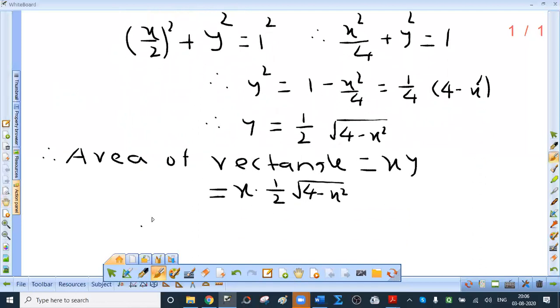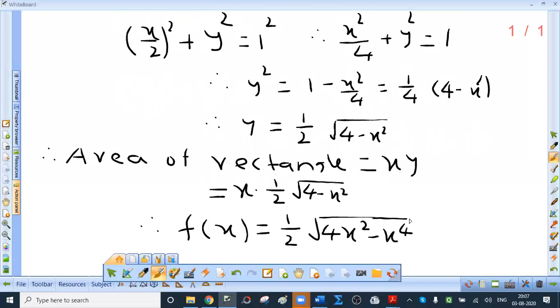So which function is to be examined? F of x equal to half into, see whether you understand this step or not, in bracket under radical sign 4x square minus x raised to 4. Do you agree with me?